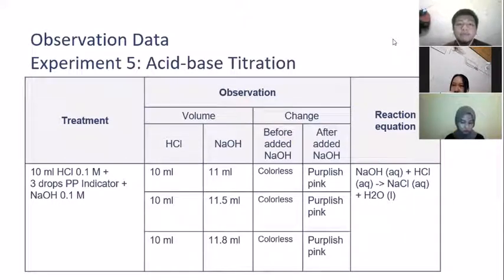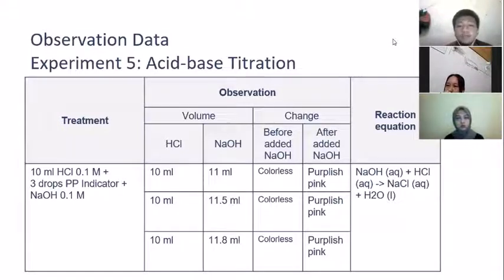Observation data experiment 5, acid-base titration: 10 milliliter hydrogen chloride 0.1 molar plus 3 drops phenolphthalein indicator plus natrium hydroxide 0.1 molar. Volume of hydrogen chloride for titration 1, 2, and 3 is still 10 milliliter.